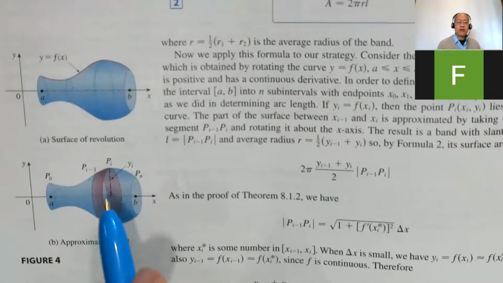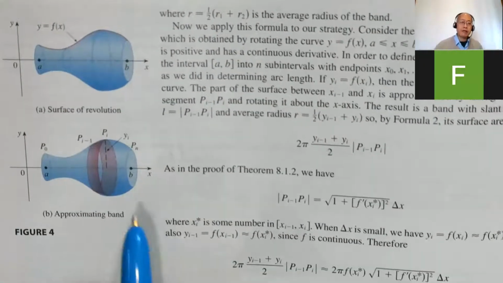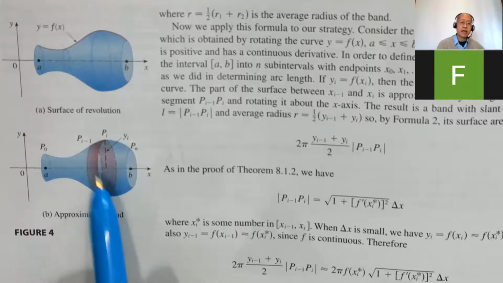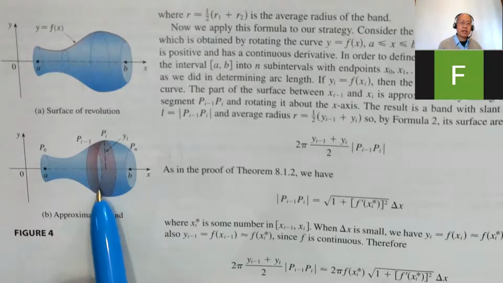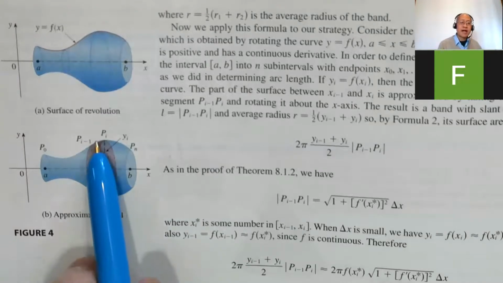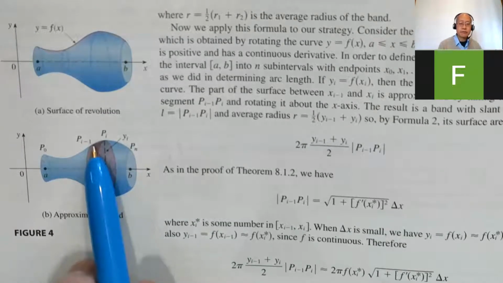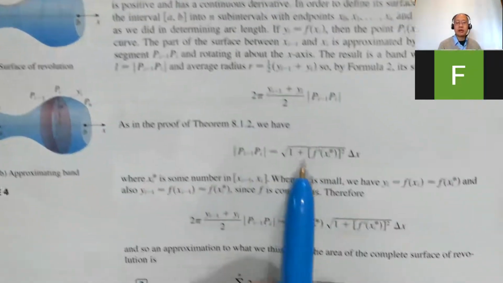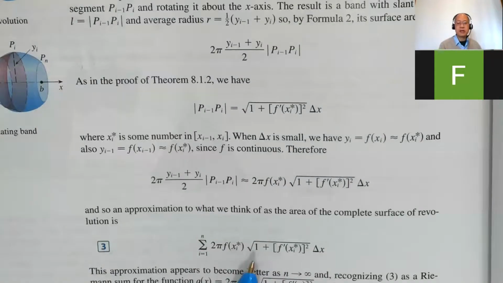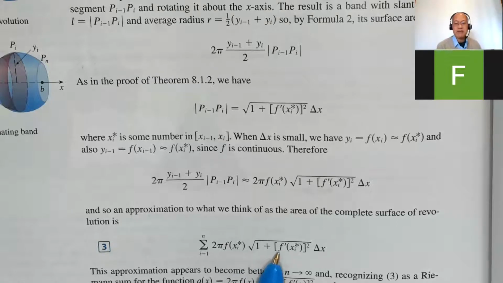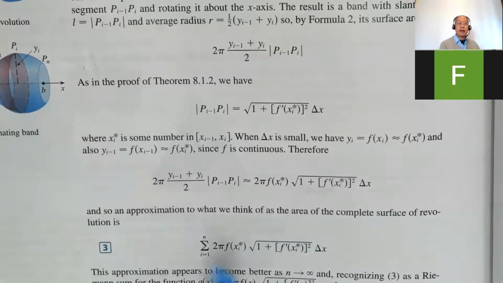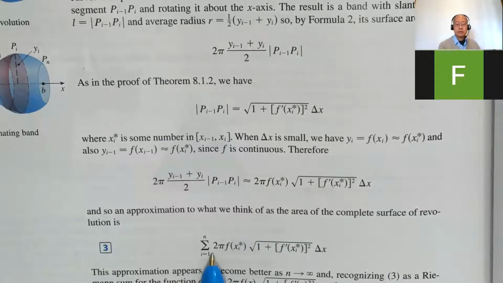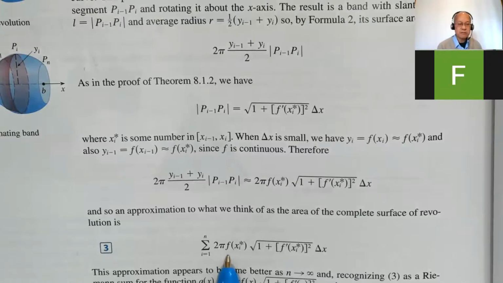So for the almost rectangle, when I slice and open it up, I've got base times height. The base is the circumference of the circle. The height is this slanted piece here, and I already know how to do that. It's this formula that we've seen before: the square root of 1 plus f prime of x_i star squared. And the base, essentially, is 2 pi r.